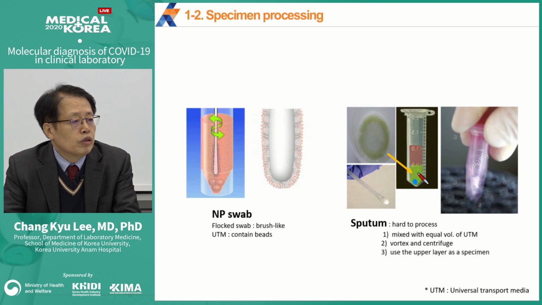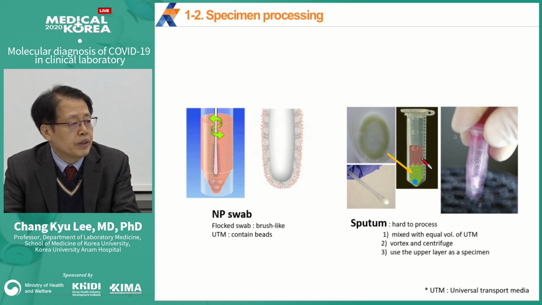Use 2 mL microcentrifuge tube. Add a bead. After taking about 0.5 ml of sputum, with the aid of simple cotton swab, then add an equal volume of universal transport media and mix and vortex. Then, after centrifuge, use the upper layer as a specimen.